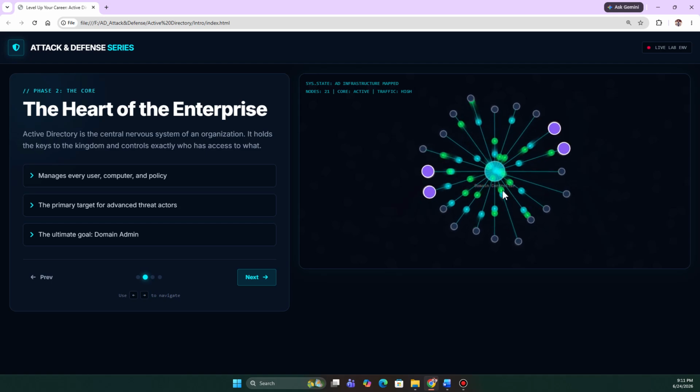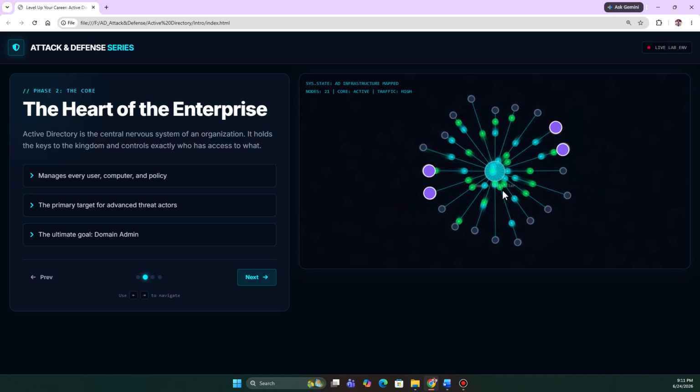So when a professional red teamer or a threat actor breaches a network, their ultimate goal is almost always the same, which is mapping the Active Directory environment, finding the hidden pathways or vulnerabilities, and navigating all the way to the domain controller. Okay, so the domain controller is the server that controls everything in the environment.